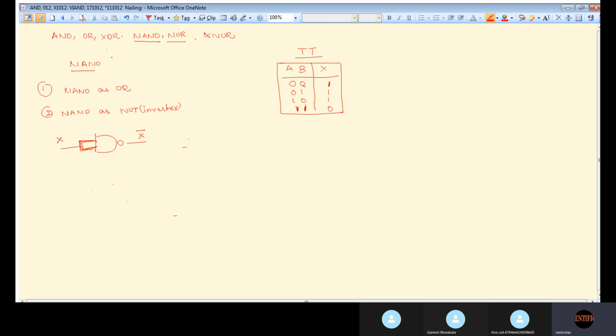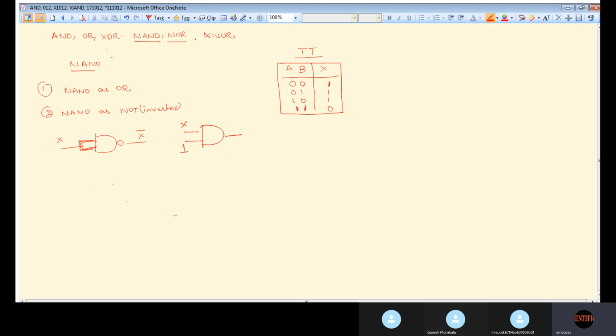I will ask another question here. See here, to this NAND gate, I'm giving X here, I'm giving 1 here, I'm taking the output.